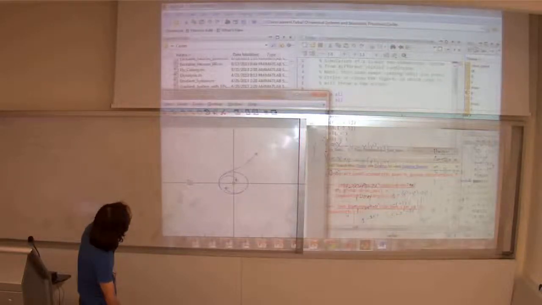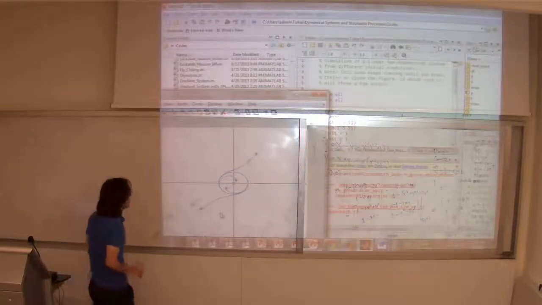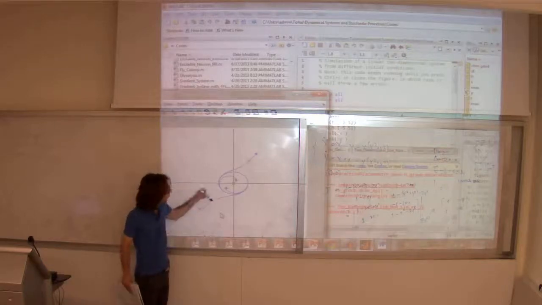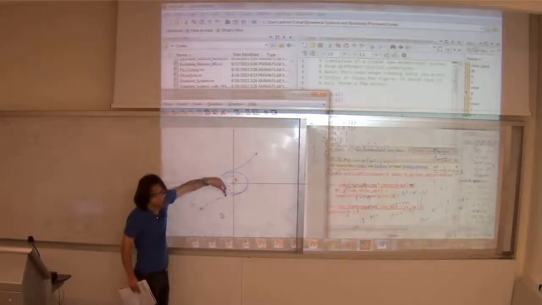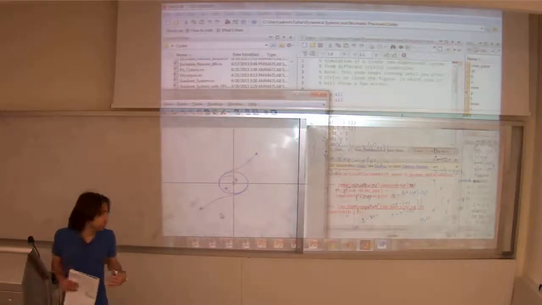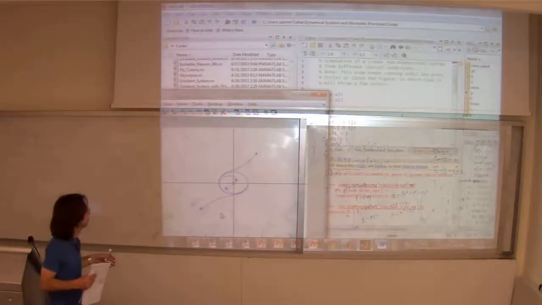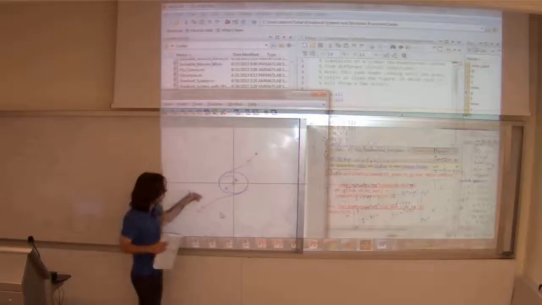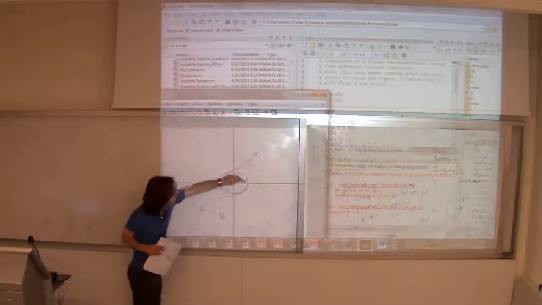If I start from outside, it keeps revolving until it converges. So everything here goes into this cycle, which is stable. And this is the fate of this system. It's doomed to eventually oscillate forever on this circle.